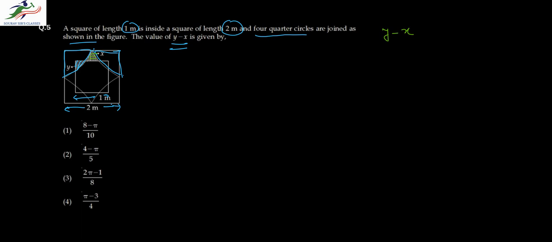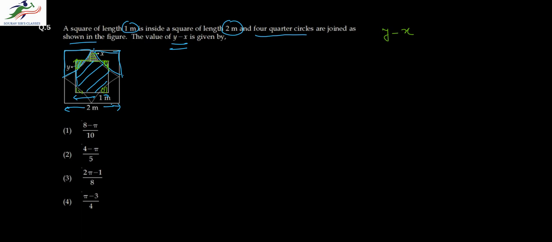Now we have to just simply look at the figure and understand one very simple fact, that from the smaller square, if I take out these 4 small quarter circles, then what I'm left with is this area, right?